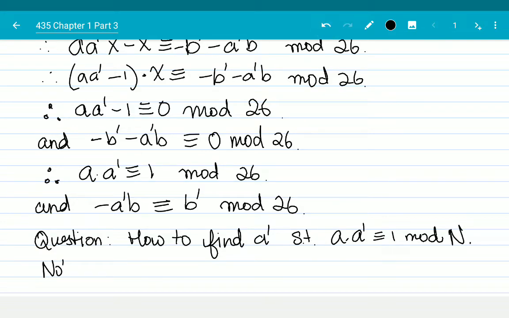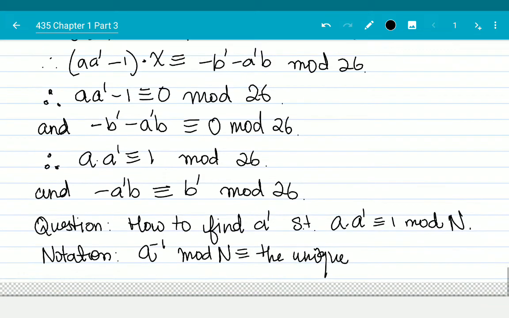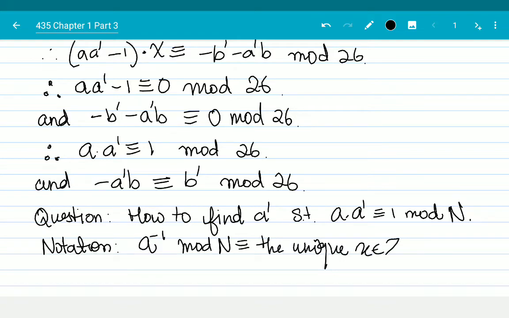Notation: let me just say a inverse mod n is equal to the unique x in Zn such that ax is congruent to 1 mod n.